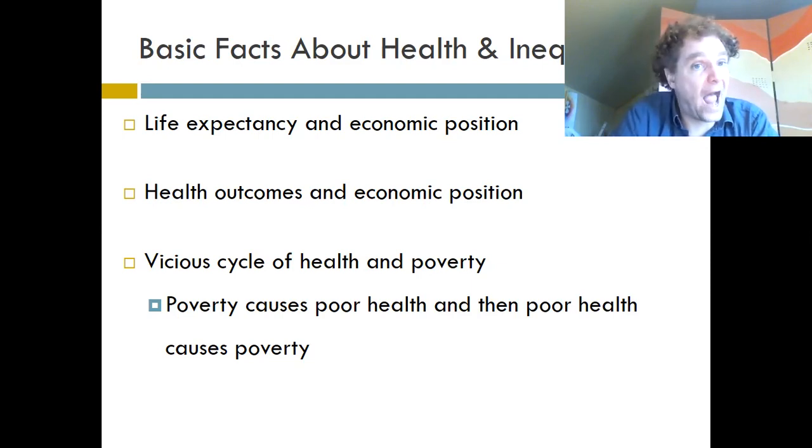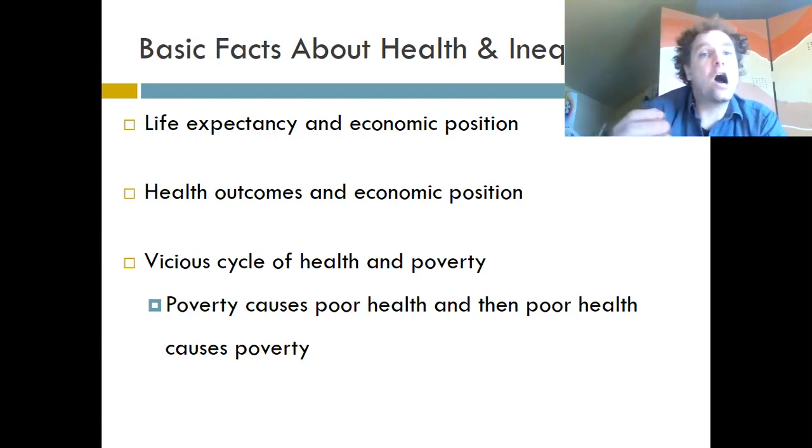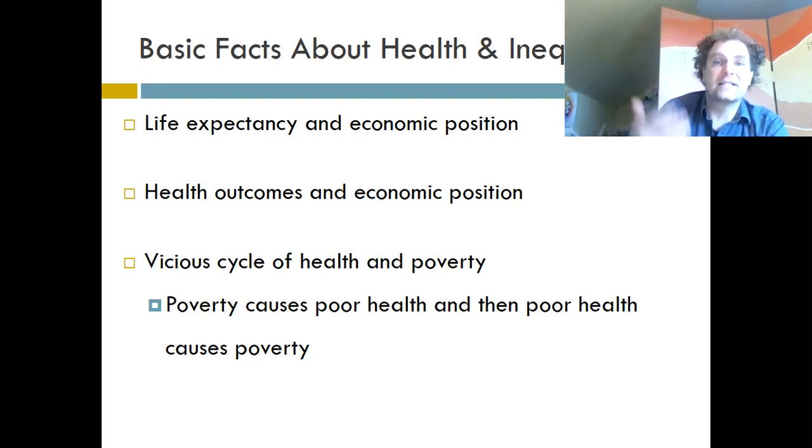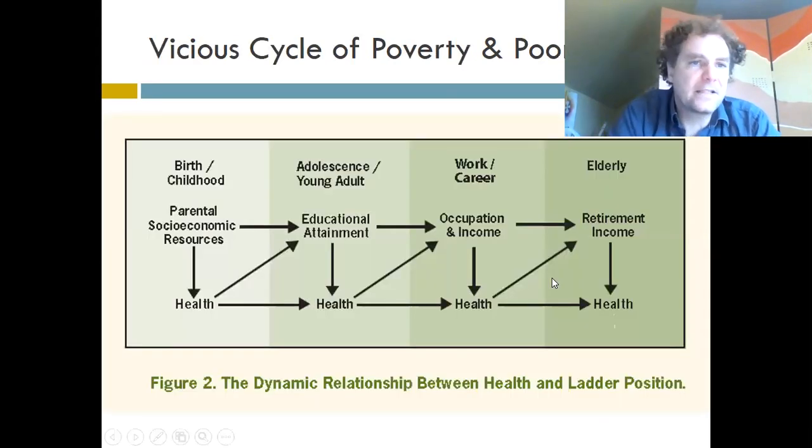Does that mean that economic position is causing health? That's a tricky question. What we can say is that it's actually a bit of both: there's a vicious cycle between health and poverty that operates over a person's life cycle. The best way to understand this is looking at this graph here.